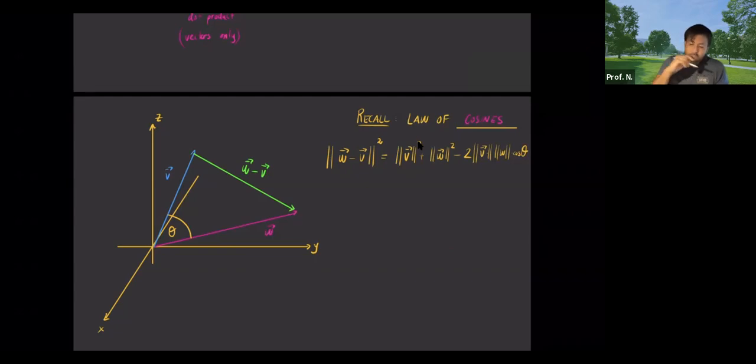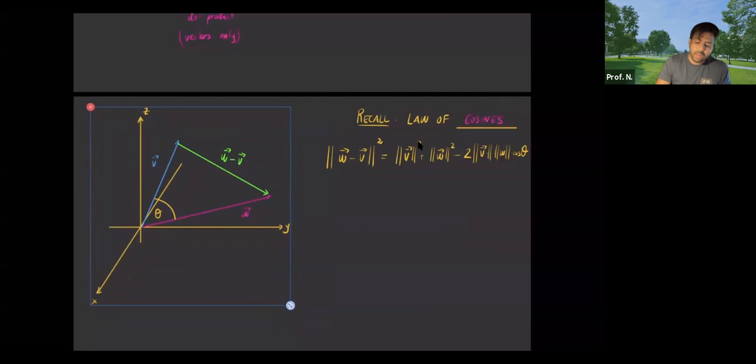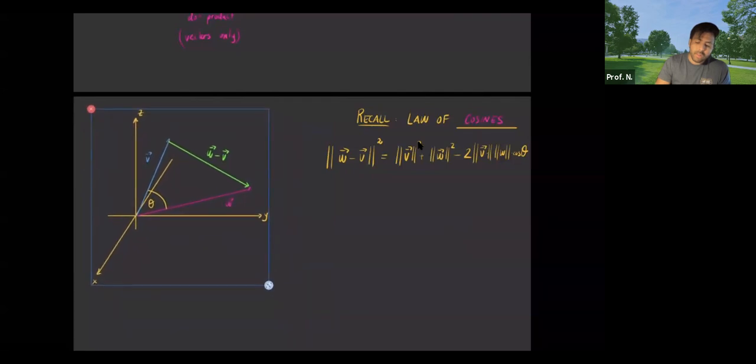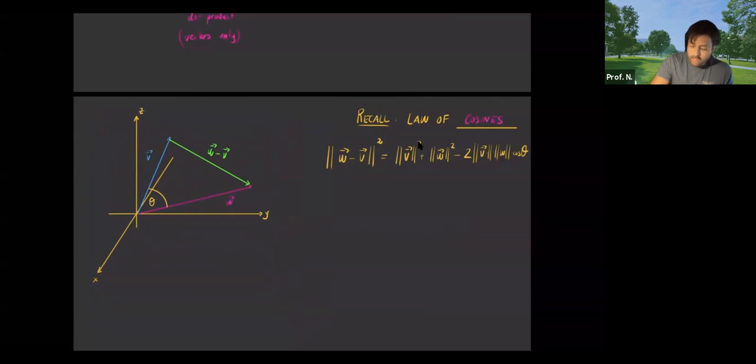Okay, so we're going to do a little bit of algebra, some switcheroos here. I'm going to move this term to the left side and move this term to the right side.